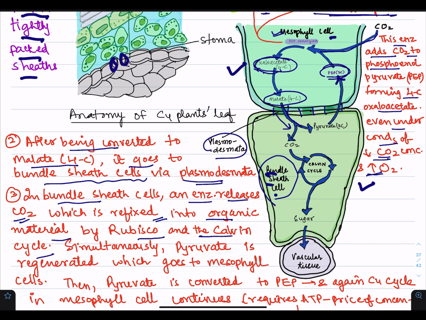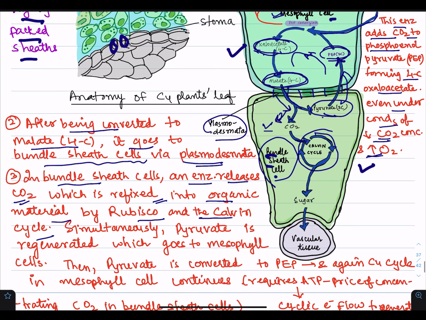See here, this malate is entering the bundle sheath cell, carbon dioxide is released out of it, and pyruvate, a 3-carbon compound, is formed, which will again complete this cycle. The cycle will go on, and this carbon dioxide will enter the Calvin cycle. Okay, this is what is happening.